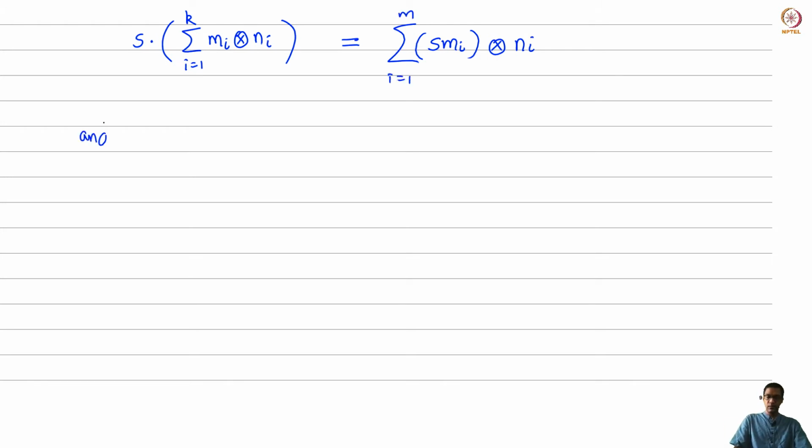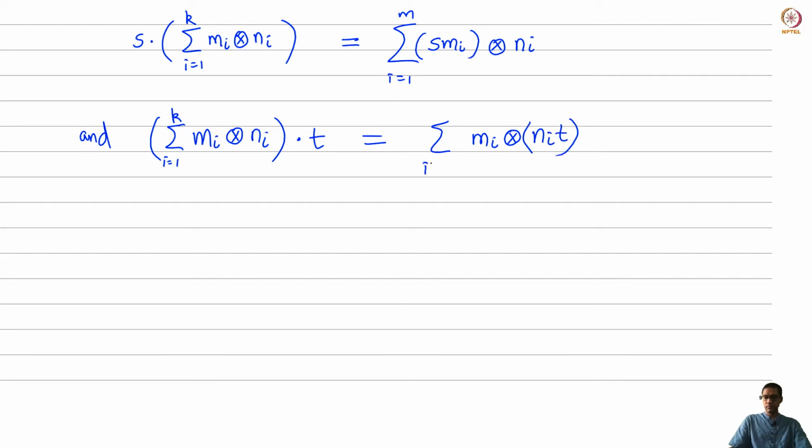Similarly, the right action satisfies the following property: the sum of mi tensor ni, acted upon by T on the right, is just the sum of mi tensor ni t.